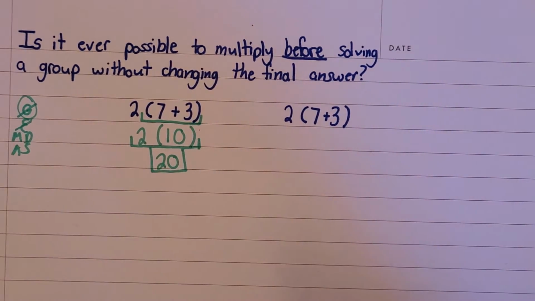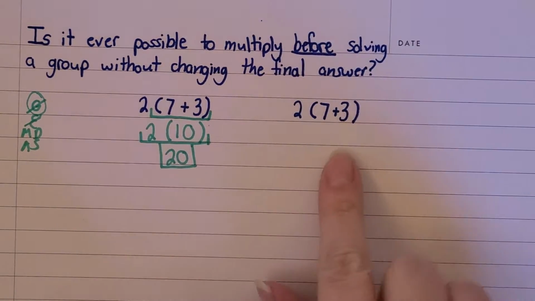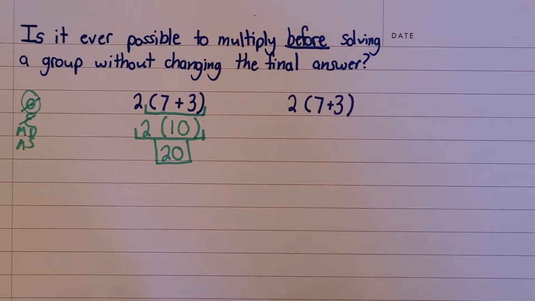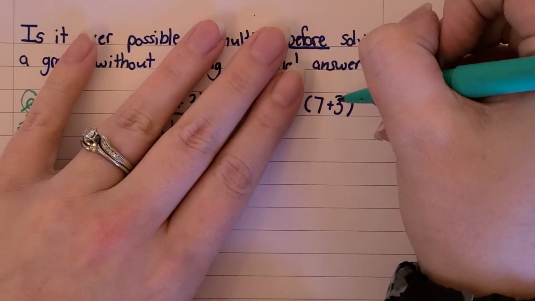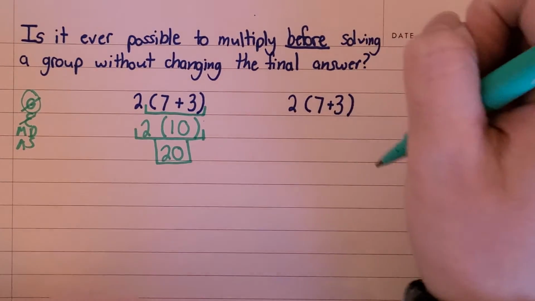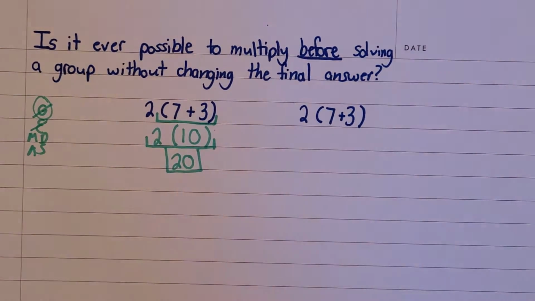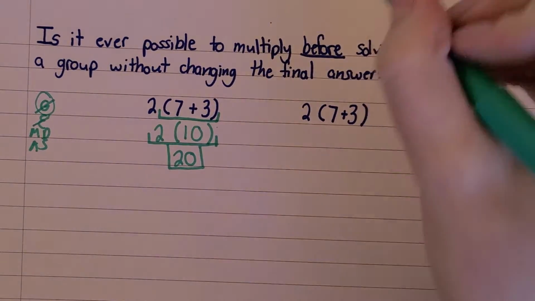So, is it possible to multiply before I add? Given what we know about being able to add in any order and multiply in any order, is it possible? Well, let me show you.